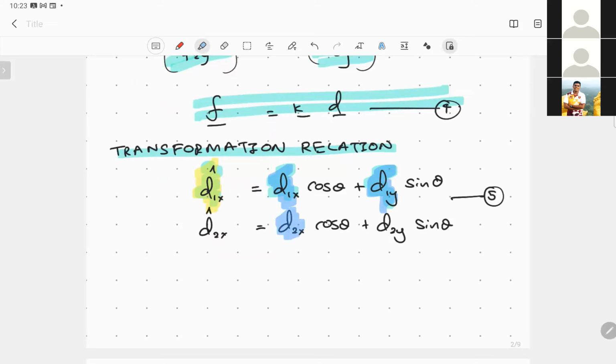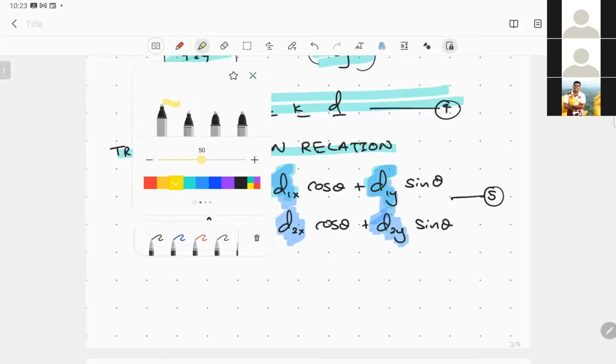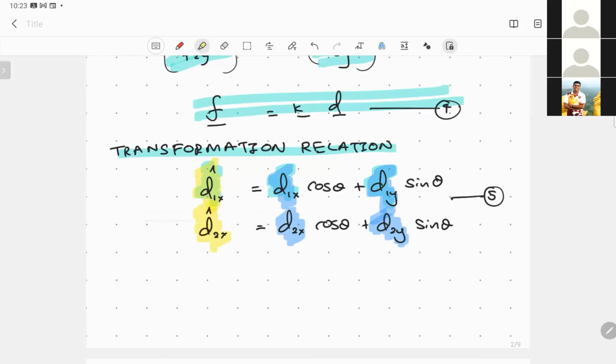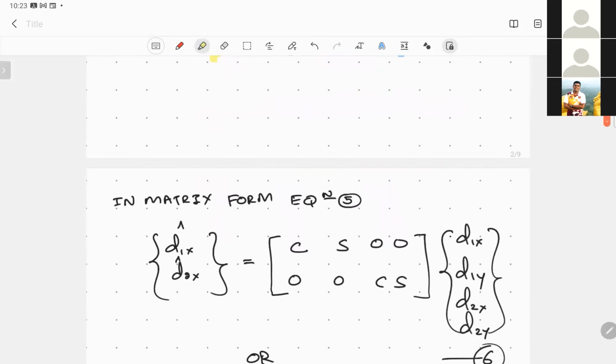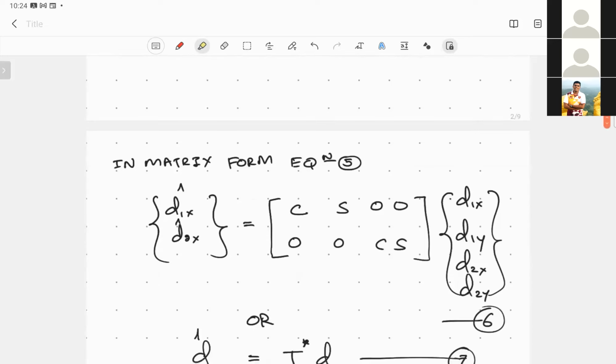Similarly, the x component at node number 2 can be expressed using the same transformation. So now, to keep things simple, let's consider these two terms which I have just mentioned.